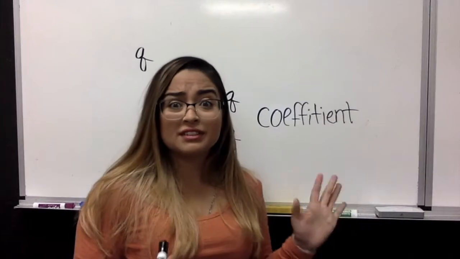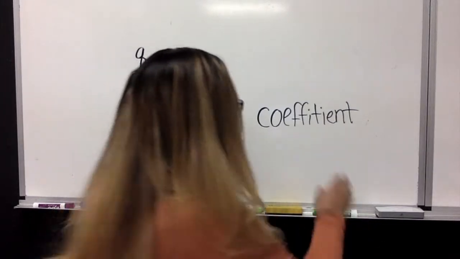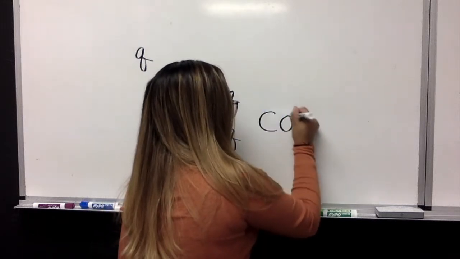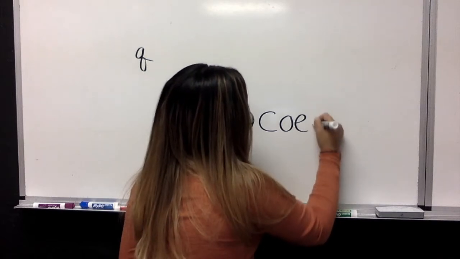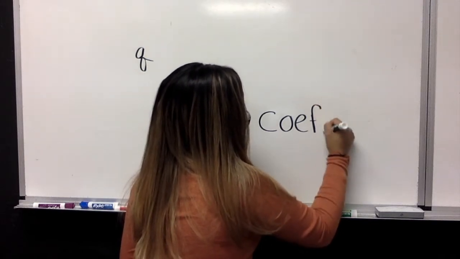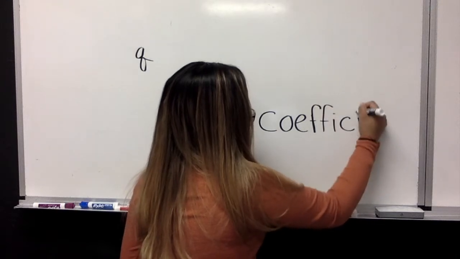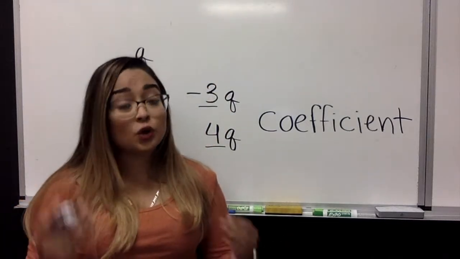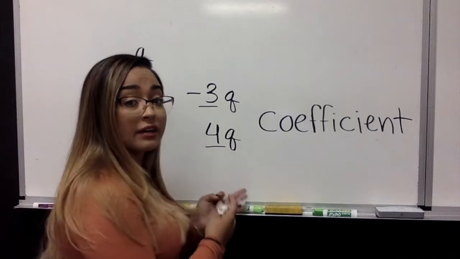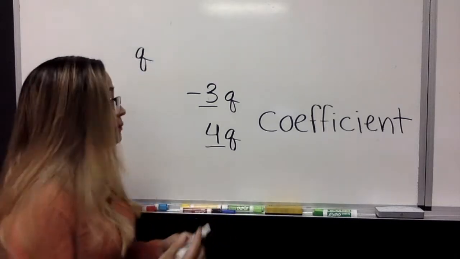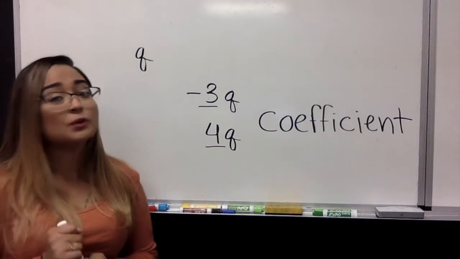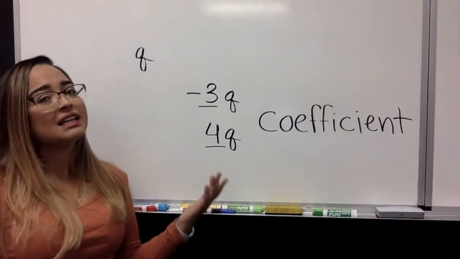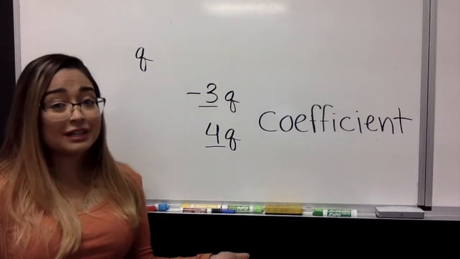This is why having dictionaries and books around is very important. I did misspell it. The coefficient is the numerical factor where there is a variable. So it's the number. That's something important that you might hear further along. It's not a term that I usually use, but if you ever come across it in the future, you know what it is, okay?